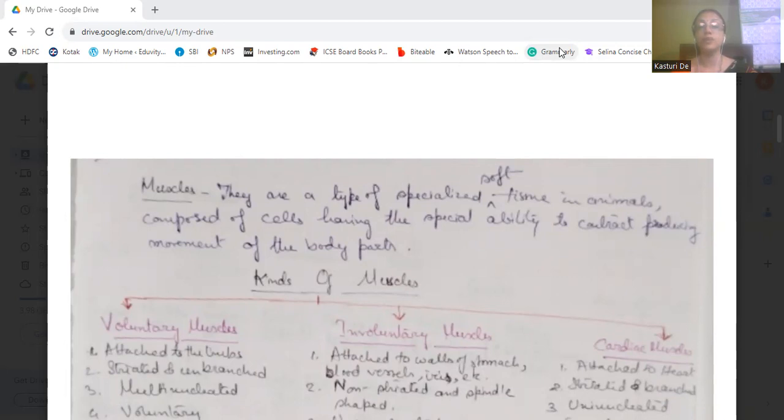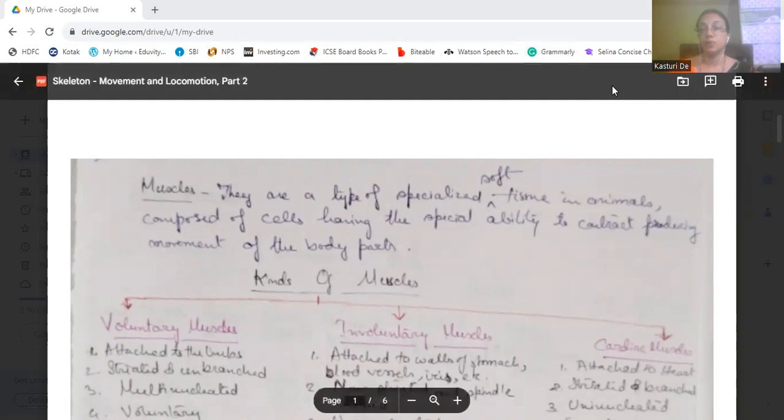Okay. So for today's discussion, first we'll start with the muscles. What are these muscles? They are a type of specialized soft tissue found in animals, composed of cells which have a special ability to contract, so that they can produce movement of the body parts.